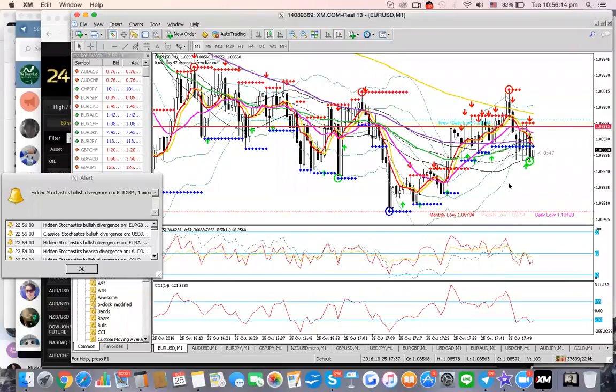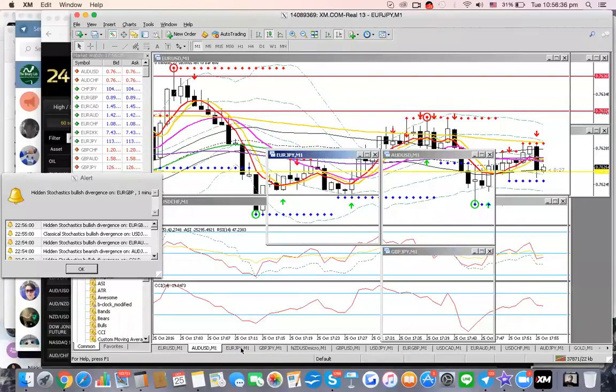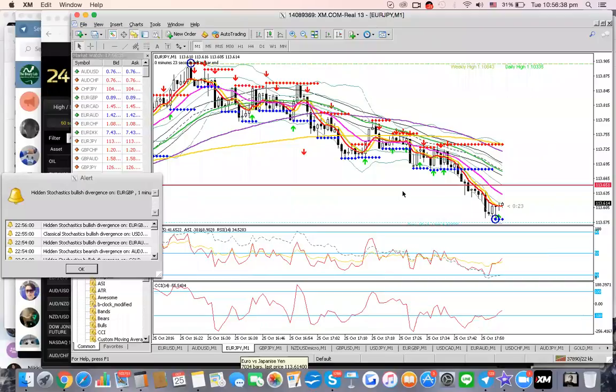Oh no, it's weak. How much is the previous move? Previous move is 5.9 pips. That's not too bad. But it's been choppy though. Okay, EJ, double direction change again?